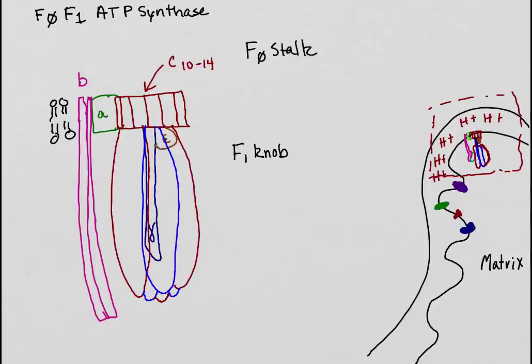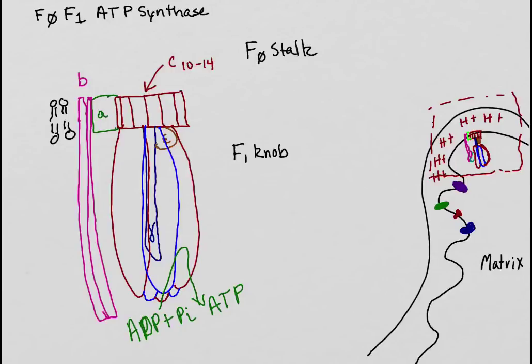Now, the catalytic domain region here, as you might guess, the catalytic regions are in between 2 subunits. So when ADP plus Pi become ATP, and I'll try to use a different color here, this occurs at the interfaces between, so right here in between an alpha and a beta subunit, as best as I can show.